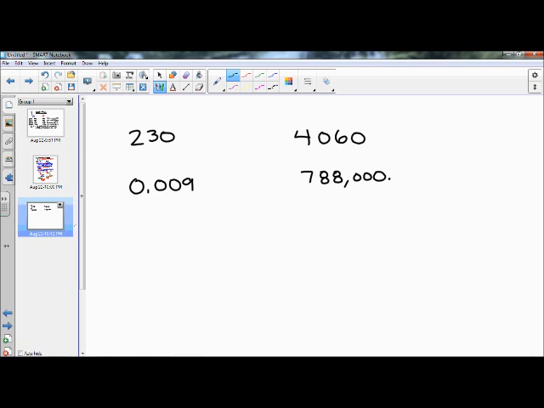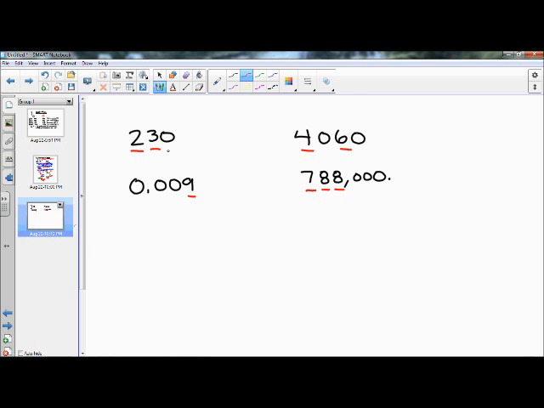Okay, let's look at these four numbers and ask ourselves which ones are considered significant. Anything that's not a zero automatically counts. So we can go through our numbers and underline all of the numbers that are not zeros. Those count. Now we'll go back and look at each of the zeros that we see and ask ourselves, where is it located? What kind of zero is it?